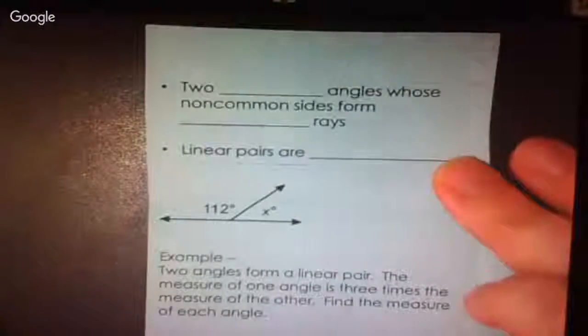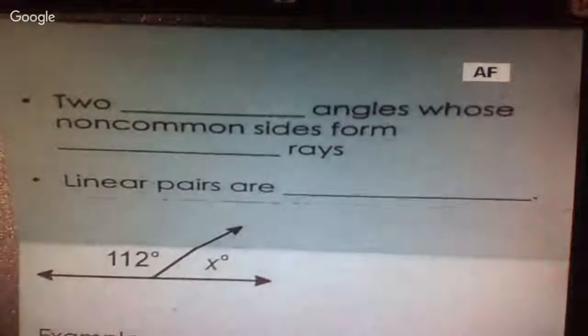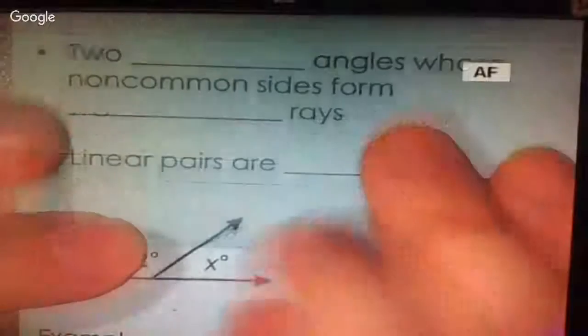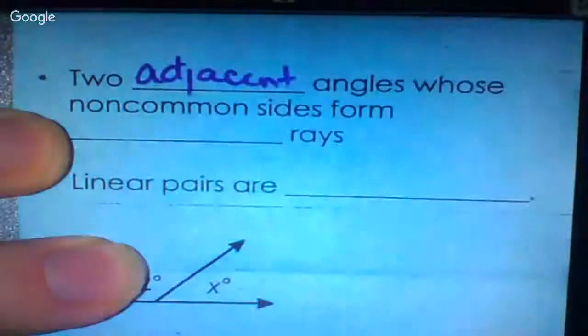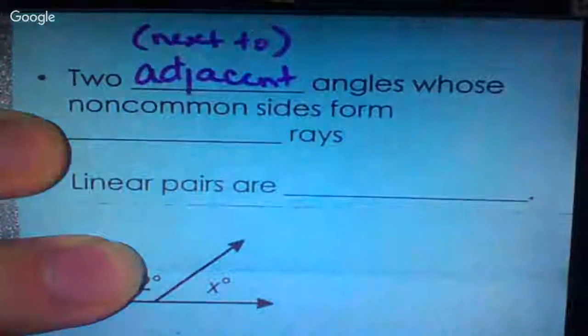Okay? So if you open up this flap, we'll make this as big as possible here, friends. A linear pair of angles are two adjacent. What does the word adjacent mean? Next to or side by side. So if you need to write that, please write that.